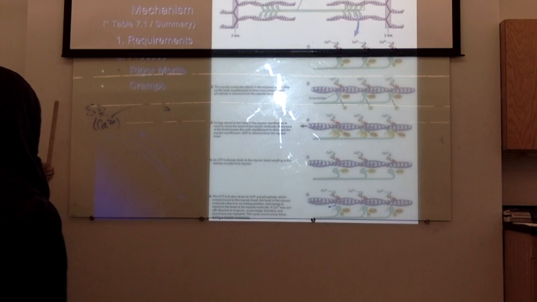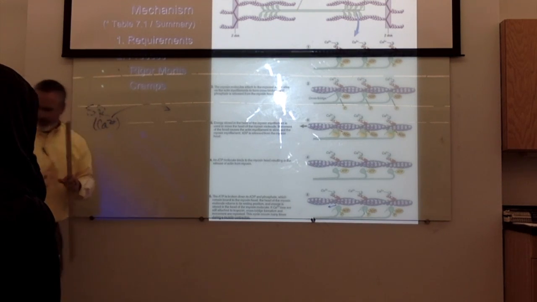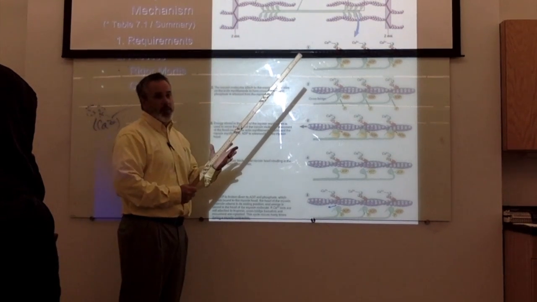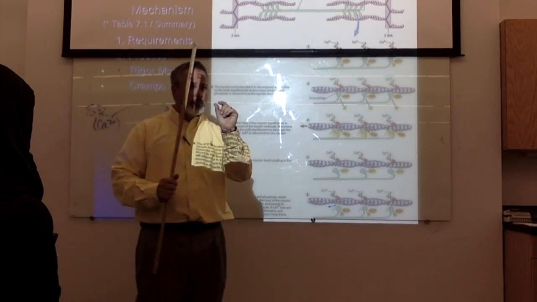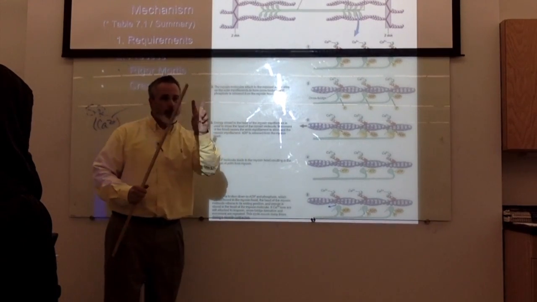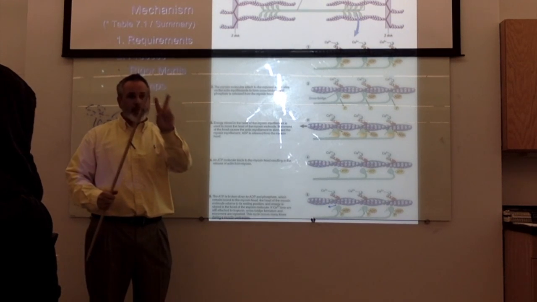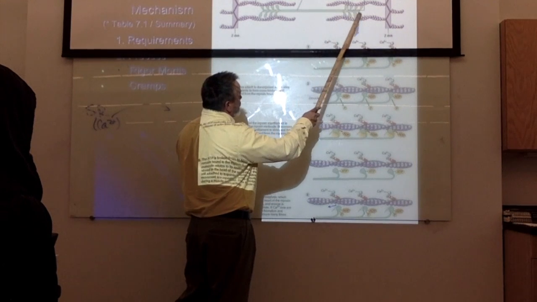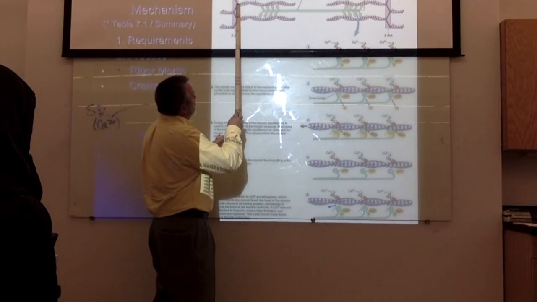Now, if you look at a sarcomere, this is not a great representation of a sarcomere. It's actually showing just one little part of it. The two primary protein filaments that make up a sarcomere are myosin, which is a thicker filament, and actin, which is a thinner filament.